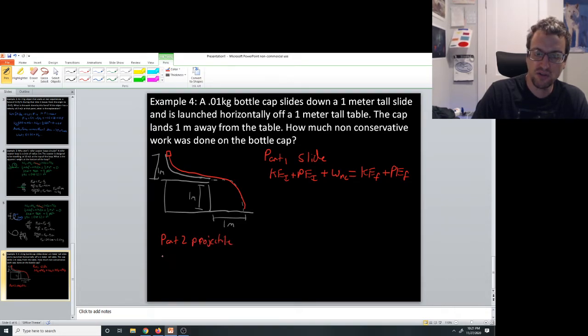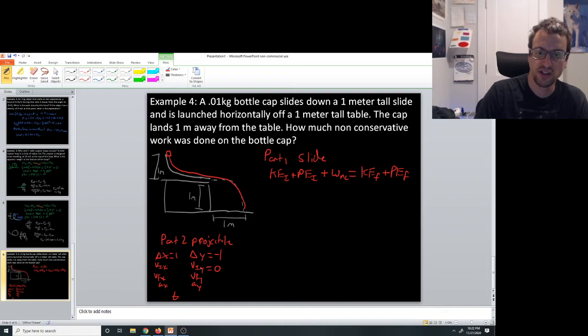To do that, we're going to do some 2D kinematics, right? So we've got change in x, change in y, initial x, final x, ax, time. Okay. Change in x is 1, change in y is -1. The initial y is 0, right?